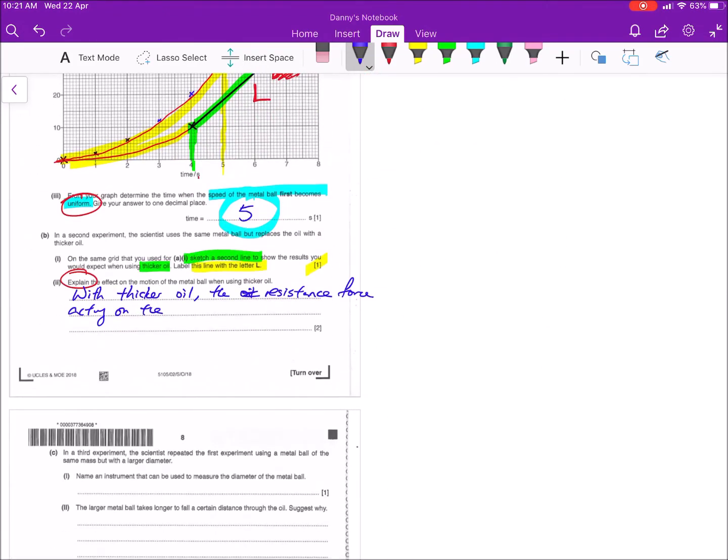Yeah, on the ball will increase quicker with speed. Hence, it reaches constant speed at an earlier time. Yep, and that will be the answer.